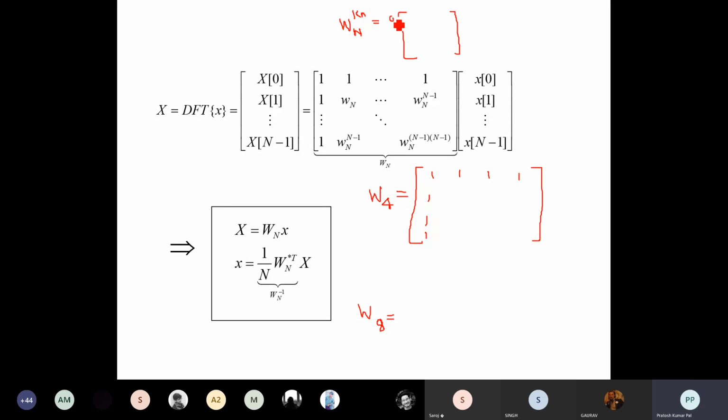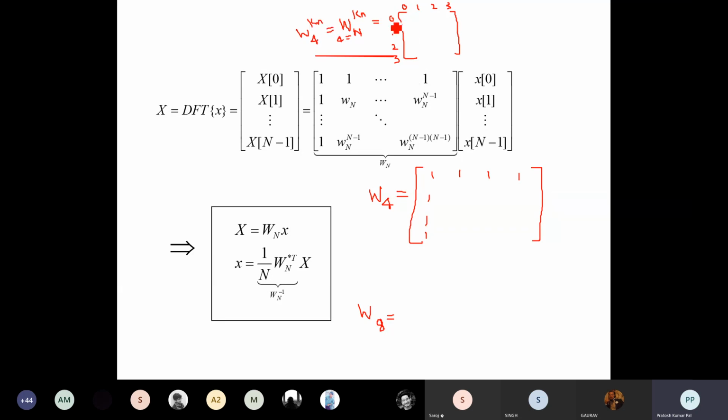Suppose k equals 0 1 2 3, and n equals 0 1 2 and 3. This is Wn, and this n is given by 4, so it could be W of 4. Suppose we are going for calculation of W of 4 to the power k of n.